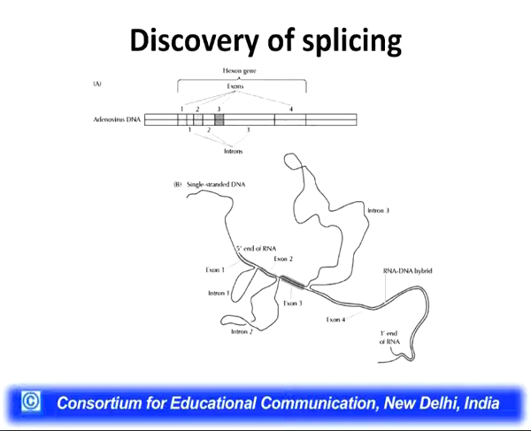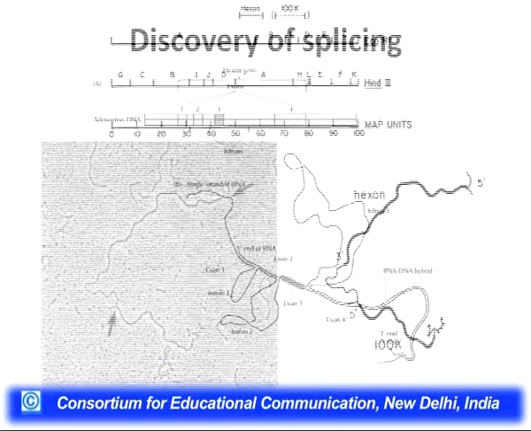Here we can see that various introns are looped out, which signifies that the RNA of this virus has been spliced, the exons have been spliced together and introns have been removed. So, this was the discovery which led to finding out that there is processing of mRNA in eukaryotes.